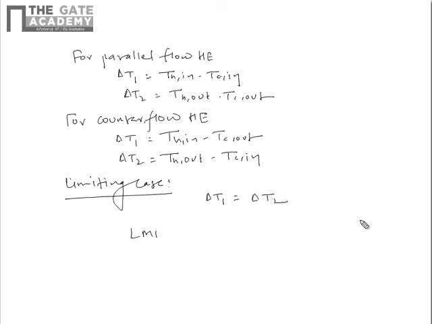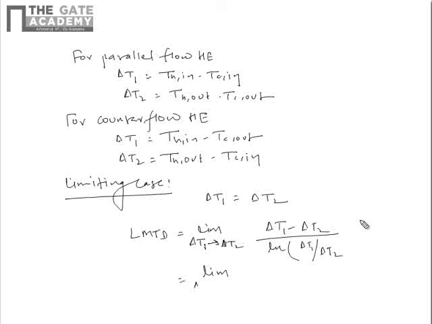So LMTD is equal to limit delta T1 tending to delta T2 of (delta T1 minus delta T2) upon ln of (delta T1 upon delta T2), or we can write this as limit delta T1 upon delta T2 tending to 1 of (delta T1 upon delta T2 minus 1) upon ln of (delta T1 upon delta T2).